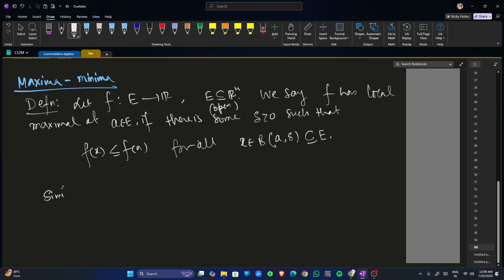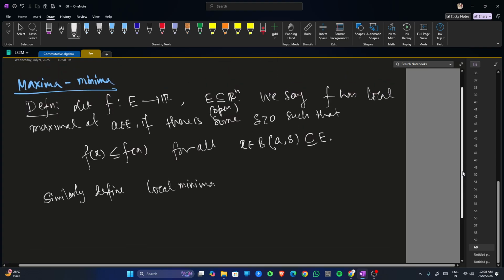Similarly, define local minima. See, everything happens in a neighborhood of a point. That's why we are calling it local maxima, local minima. It is not globally happening on the whole domain of definition of f.